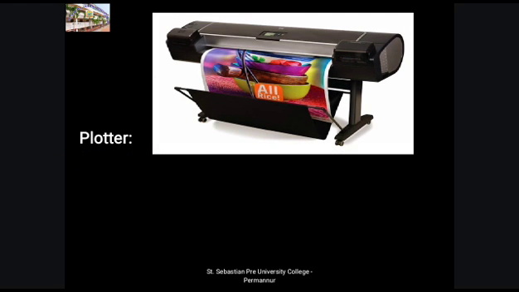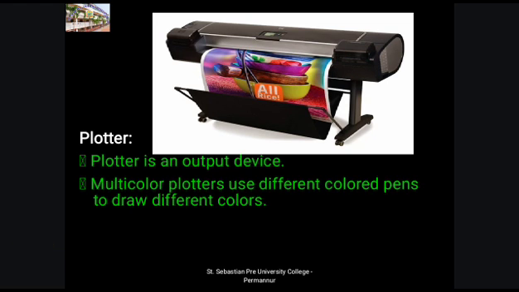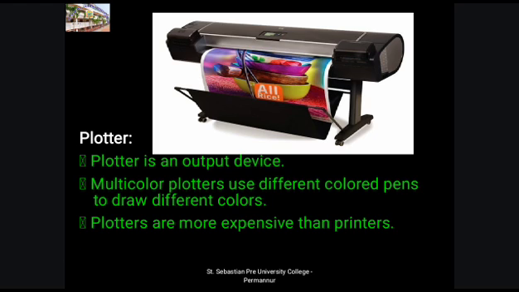Next output device is the plotter. What is this plotter? Plotter is an output device that draws shapes on paper based on commands from a computer. Plotters differ from printers in that they draw lines using a pen.